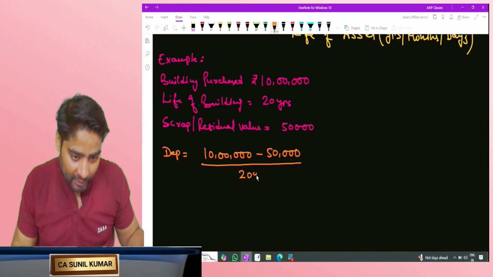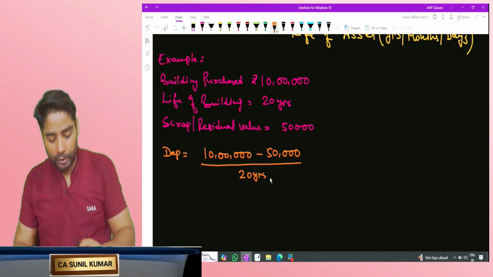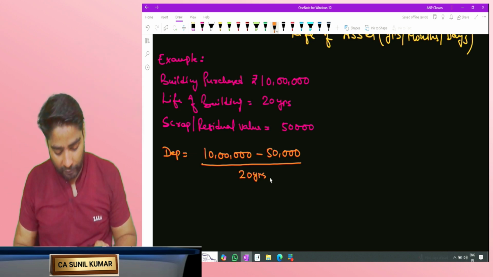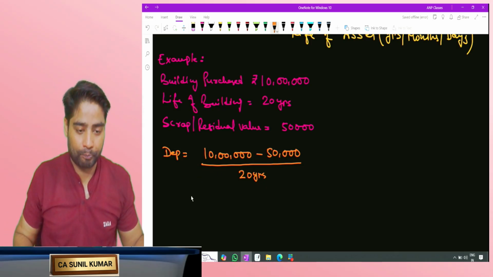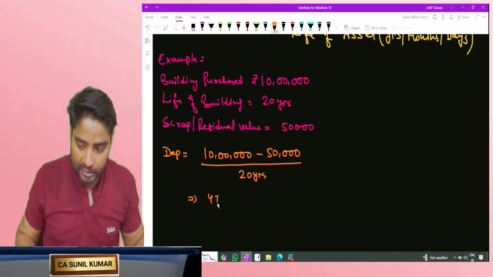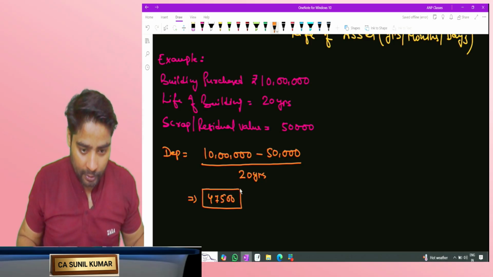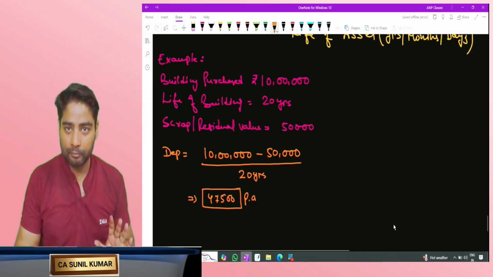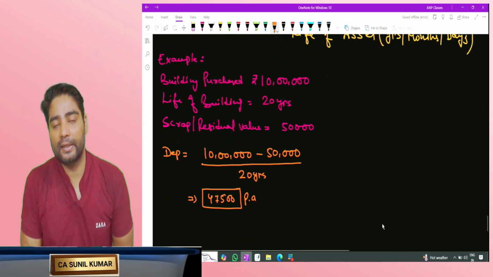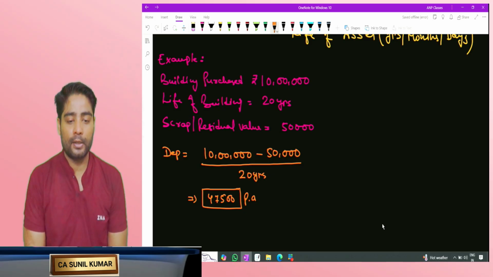And we divide that 9 lakh 50,000 by 20 years. So 9 lakh 50,000 divided by 20, my depreciation per annum is 47,500. This will be my depreciation per annum. Okay, it was simple. So this is the method when we charge depreciation according to the life of the asset.